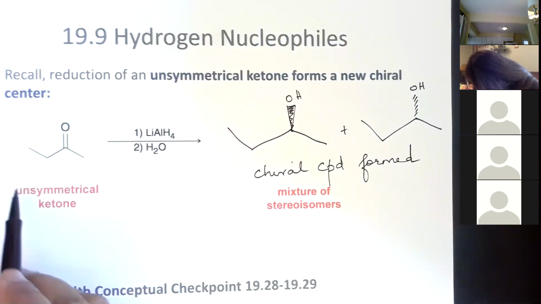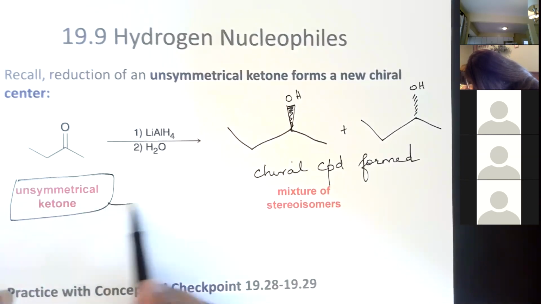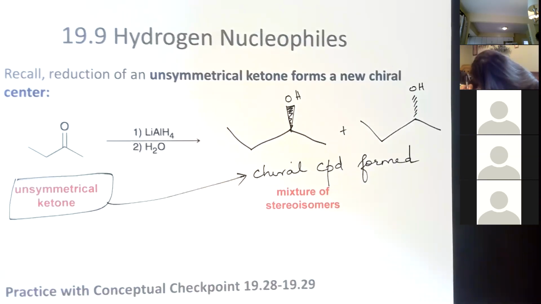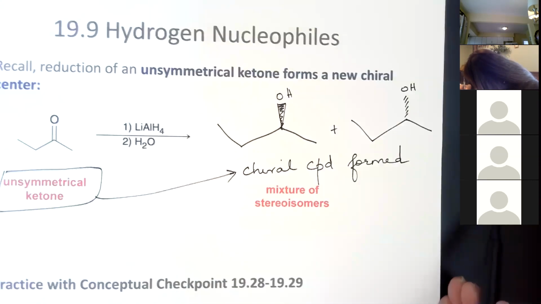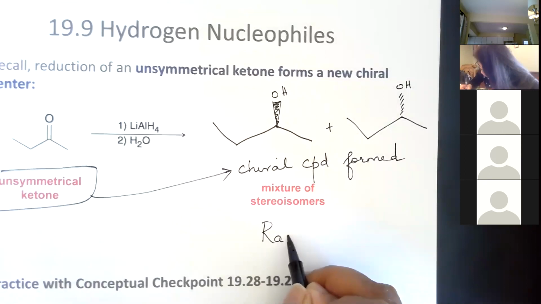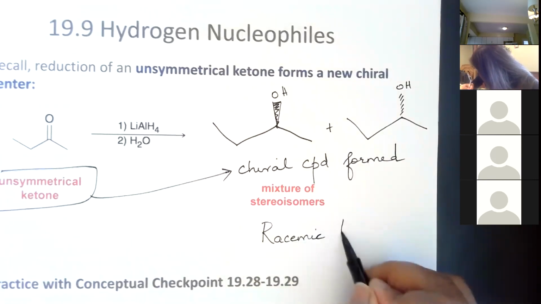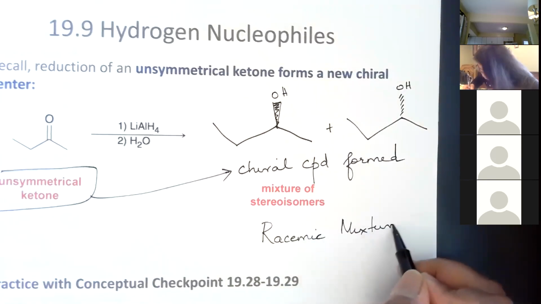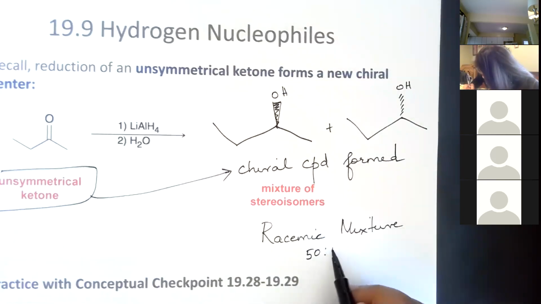It happens with unsymmetrical ketones. Of course, you have to check to see if a chiral compound is formed. And if it is, then you have to draw the mixture. What kind of a mixture is this? Racemic. Very good. And you will get very close to 50-50.